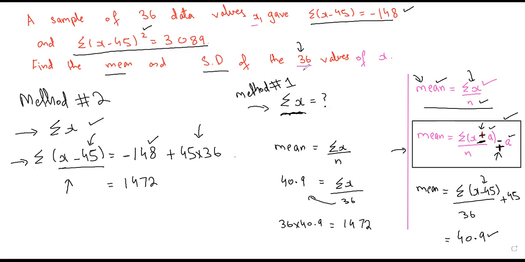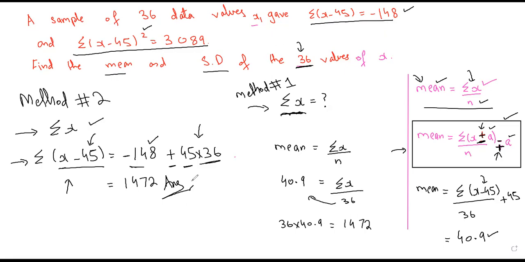That you have 36 values, and from those 36 values, you have subtracted 45. So how to get summation x? Just add 45, 36 times, to the sum, and this would give you summation x, and this is going to be the answer. Do you understand this, Sahib?